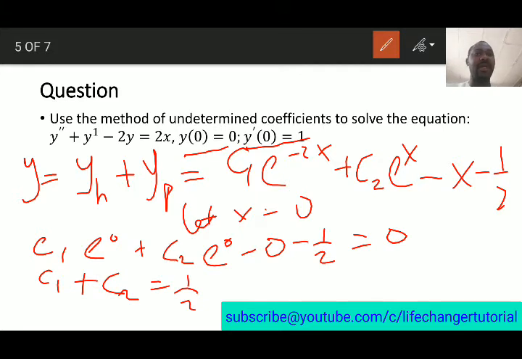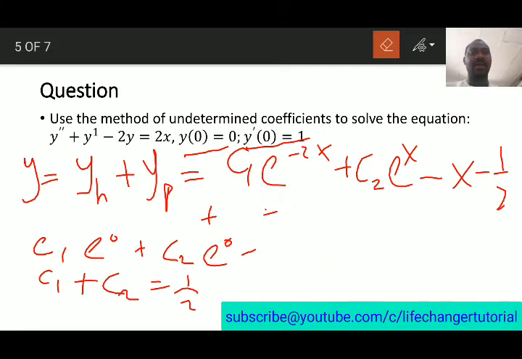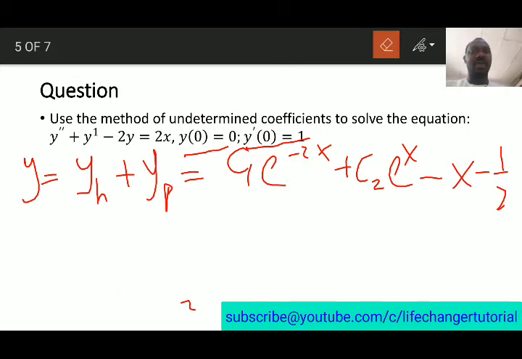Then coming to y prime 0 is equal to 1. Let's do that quickly. So what is y prime? Y prime means to differentiate this.